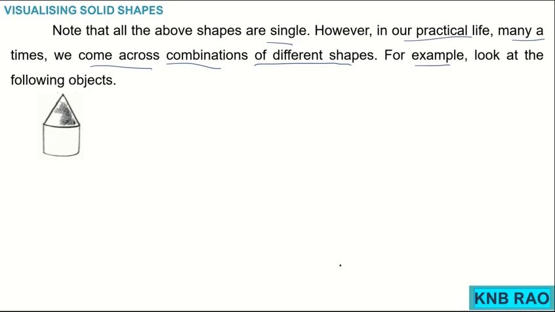Children, here this is a combination of a cone surmounted on a cylinder, which means a cone kept on a cylinder. Normally this is a tent shape, tent. NCC time, if you would have put, this could have been one tent.